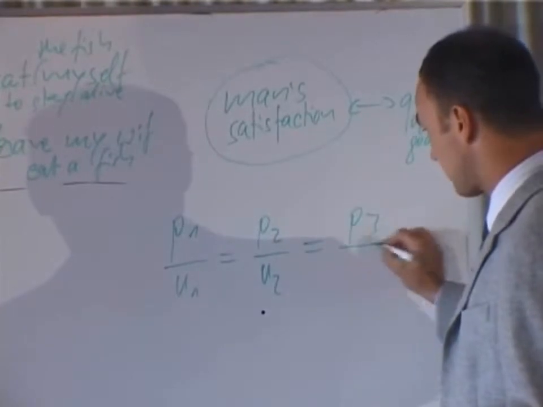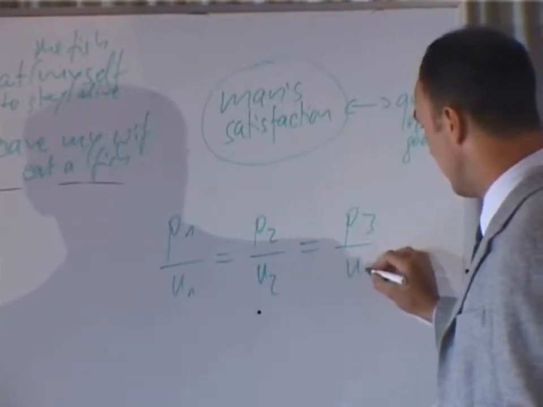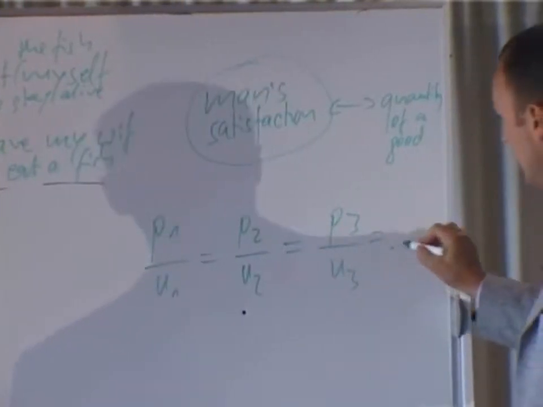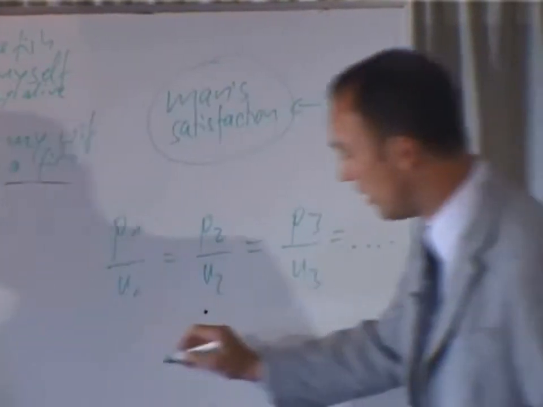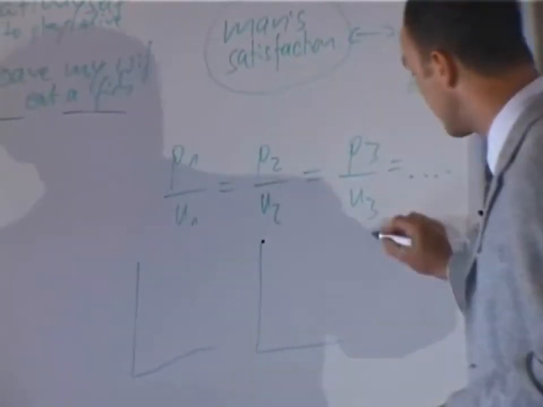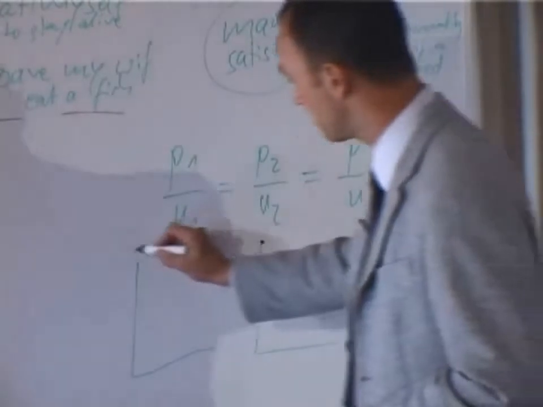Then it's the same as the utility that I derive from good 3 and the price that I pay for it, and so on and so on. Right? Graphically, we can express this in the following way. It's the so-called second law of Gossen.